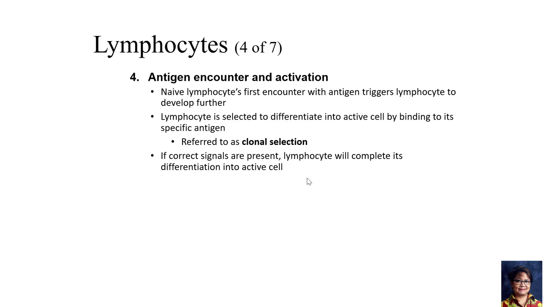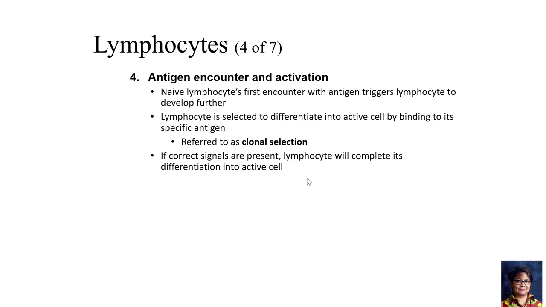They're going to become, well, maybe what you call the Navy SEALs, or a more progressive soldier, a SWAT team or something. So your lymphocyte is selected to differentiate into an active cell by binding to a specific antigen. The moment it binds to an antigen and realizes that, okay, this is the specific antigen I can tackle, then it is already ready to clone itself.